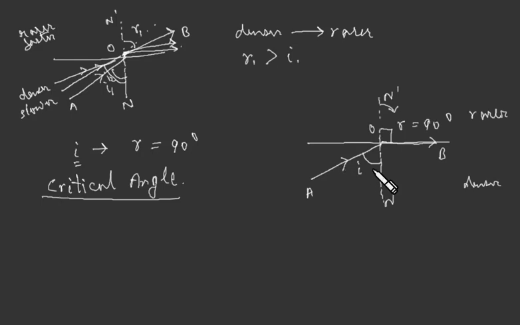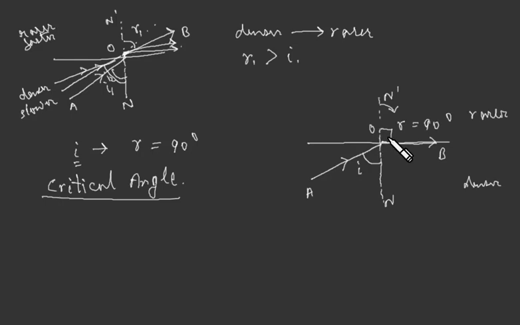Remember one thing, critical angle can be achieved only when the light travels from the denser to the rarer medium. Why? Because only when the light travels from the denser to the rarer medium, the light goes away from the normal, and then only the angle of refraction can reach 90 degree. If the light goes from the rarer to the denser medium, we know that the refracted ray moves towards the normal, right?